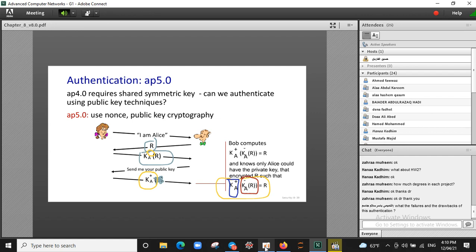So when Bob looks for this public key, he tries to decrypt the message encrypted by Alice.